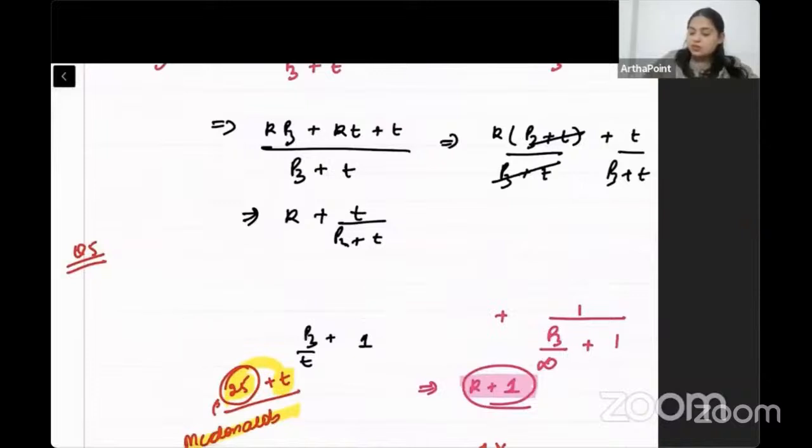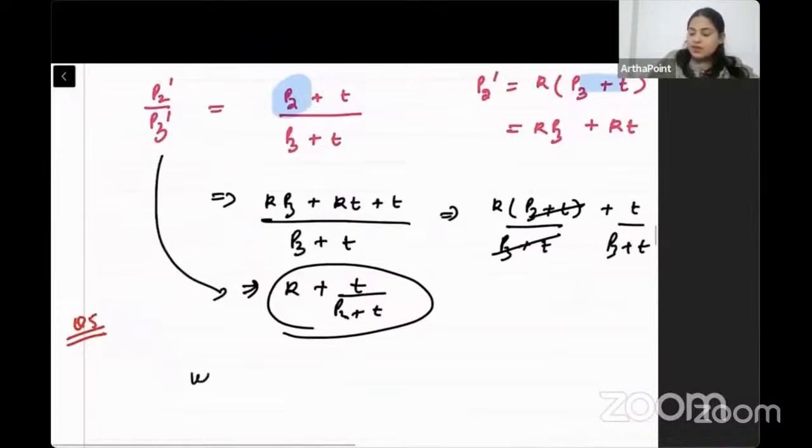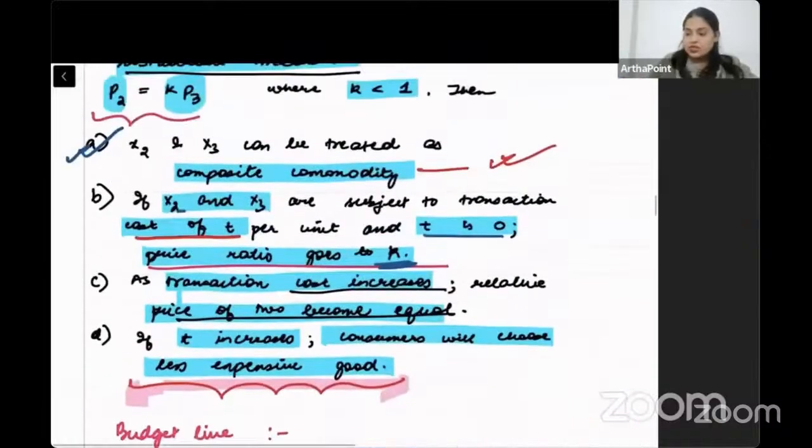If t is 0, this is the price ratio I have found out, and when t is 0, I will have 0 upon p3 plus 0. So this will be k. This is also correct. The price ratio that I found out was k plus t upon p3 plus t, so when t is 0, my price ratio will simply be k. That's correct.